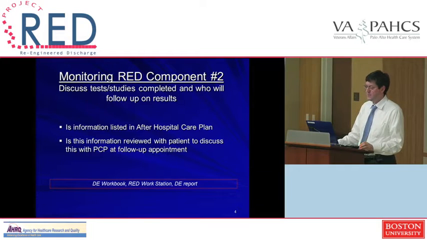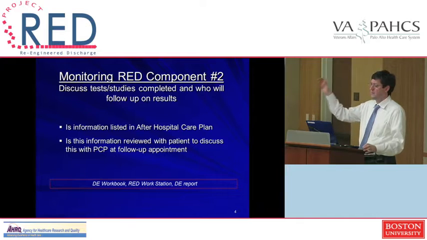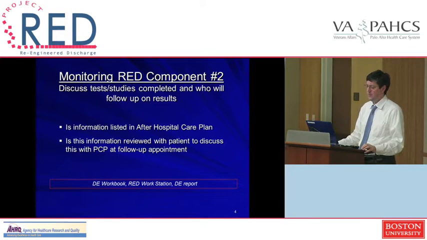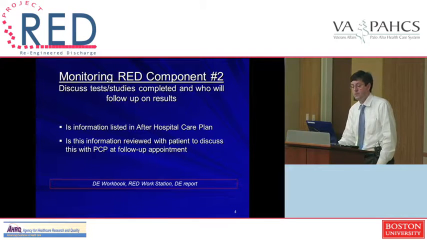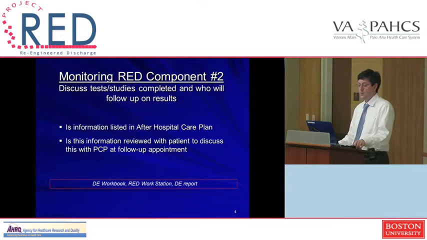So number two, discuss the tests and studies completed and who will follow up on the results. One reasonable metric is the information listed in the after-hospital care plan. Were you able to identify the tests that are pending, and was it listed in the after-hospital care plan? And third, is this information reviewed with the patient to discuss with the PCP at the follow-up appointment?